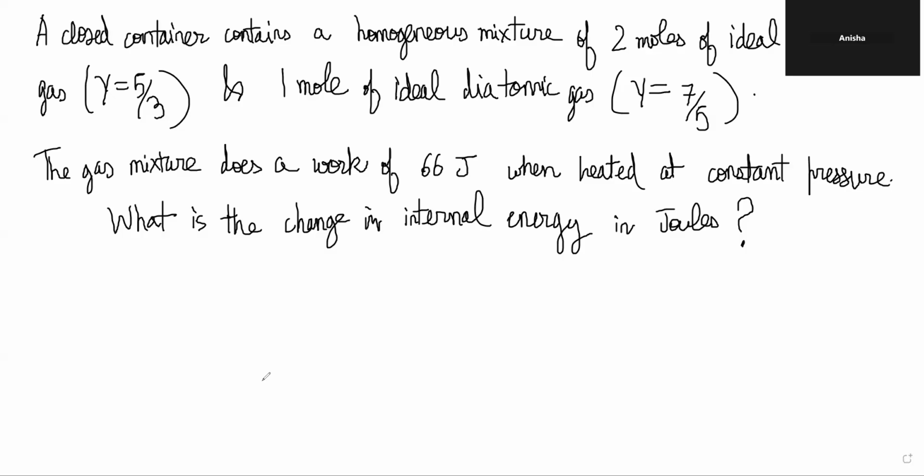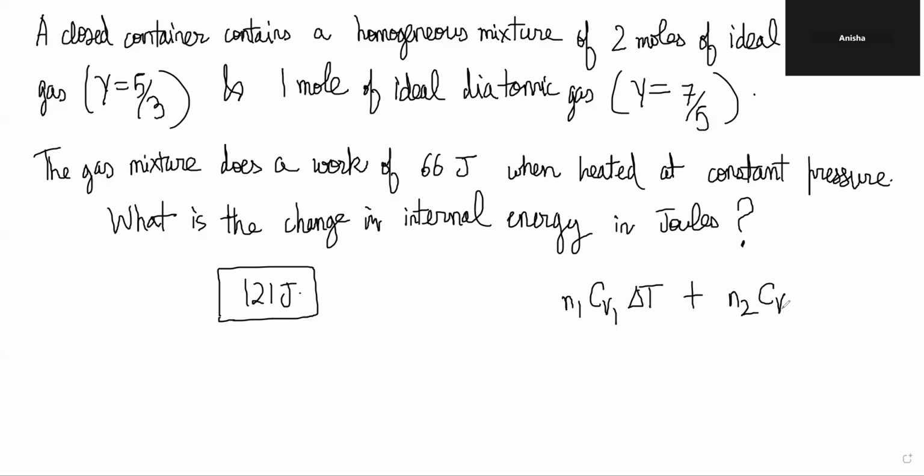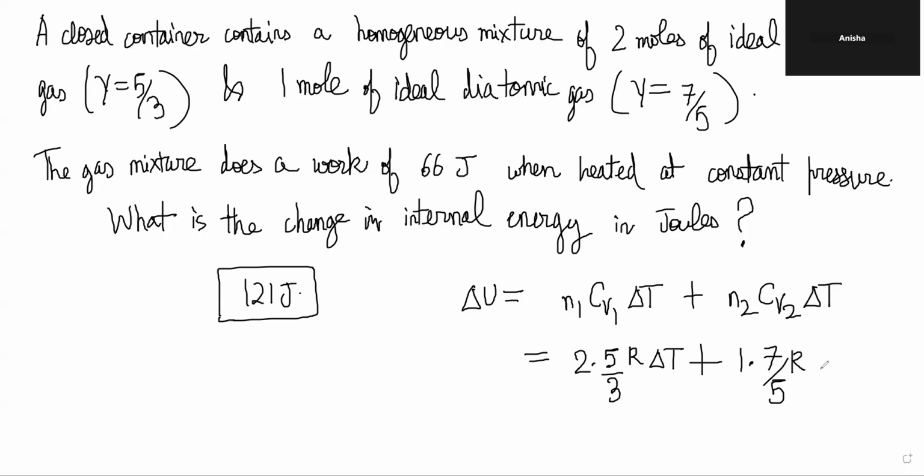Sir, 121. So the total internal energy change will be the sum of both individuals. So it will be 2 into 3 by 2 R into delta T, whatever the change is, plus 1 into 5 by 2 into delta T. And then our total work, since they're both ideal gases, will be N1 R delta T plus N2 R delta T. So it will become 3R delta T, and that's equal to 66.